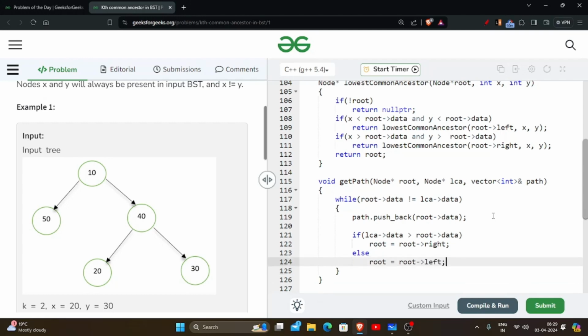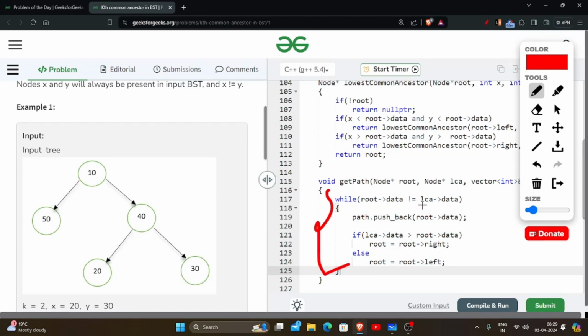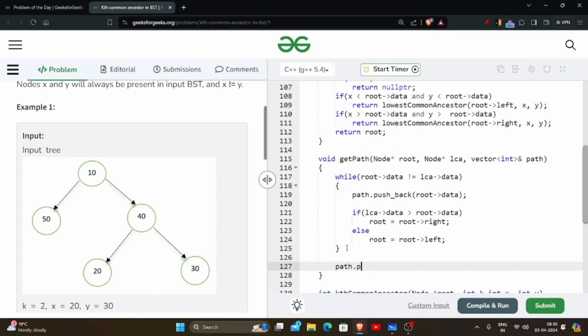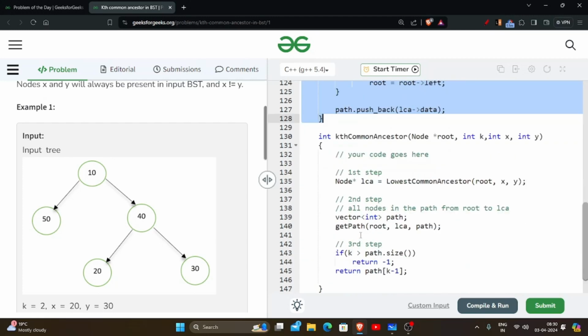And at some point root's data would become equal to LCA data, and this while loop will break. Since the while loop broke, the lowest common ancestor value didn't come into our vector. So at the end I can say path push_back LCA's data, or root's data, because now my root is pointing to the LCA node. So that's how we get the path.